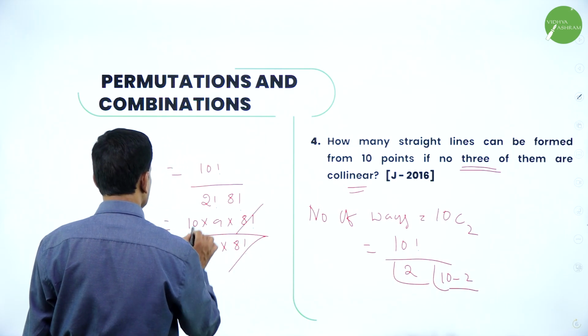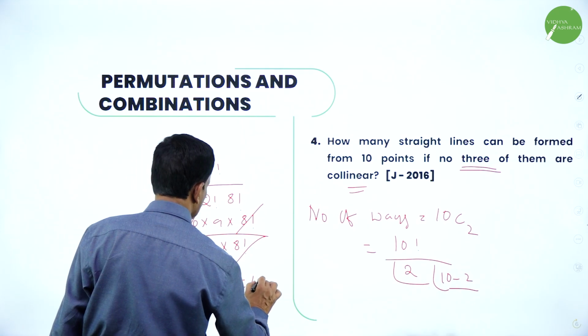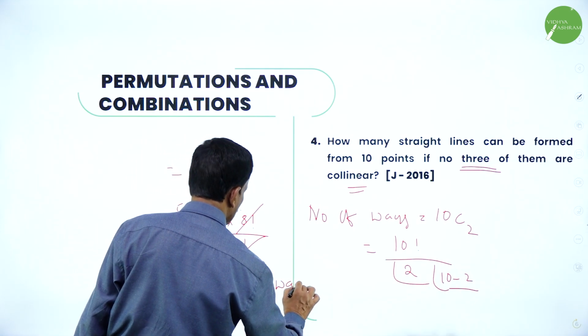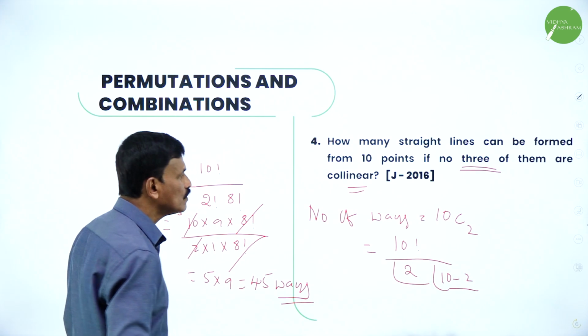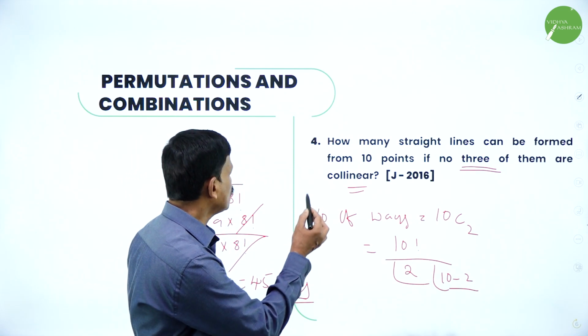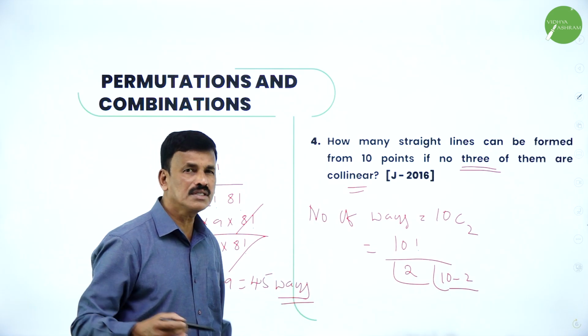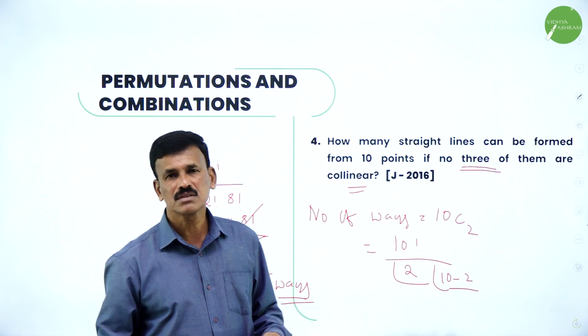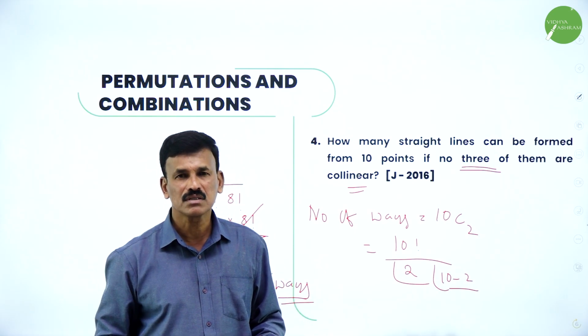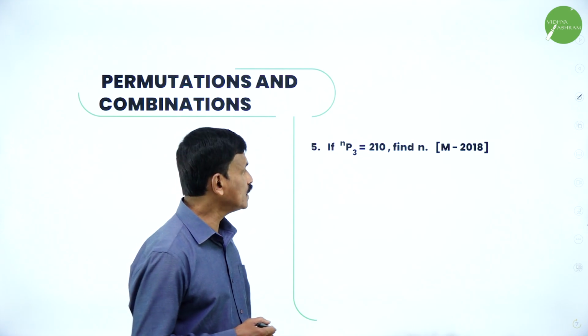These two get cancelled. 2 fives are 10. 5 into 9, that is equal to 45 ways. So the number of possible ways is 45. So 45 straight lines can be drawn from 10 points if no 3 of them are collinear. That's it. This is also important for 1 mark. That's all, right? Now, if nP3 is equal to 210, find n.